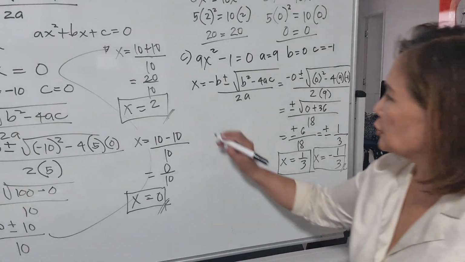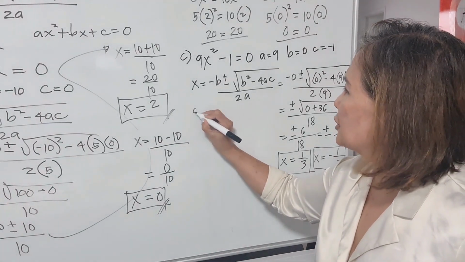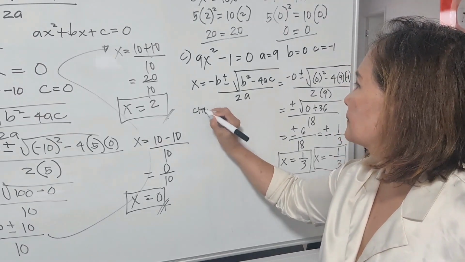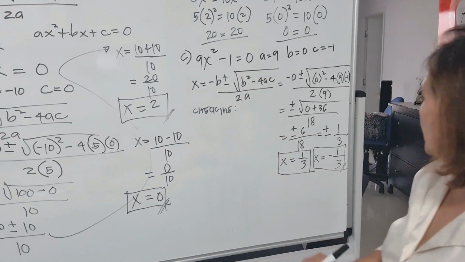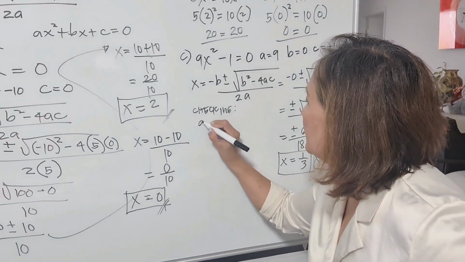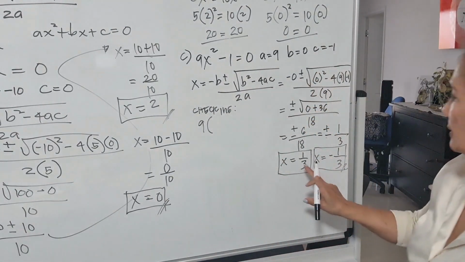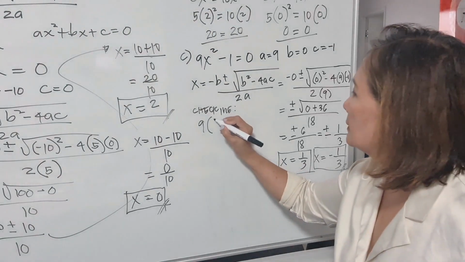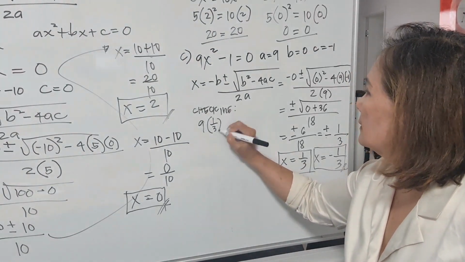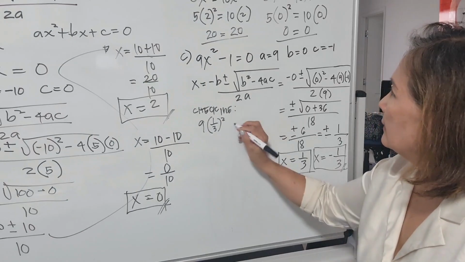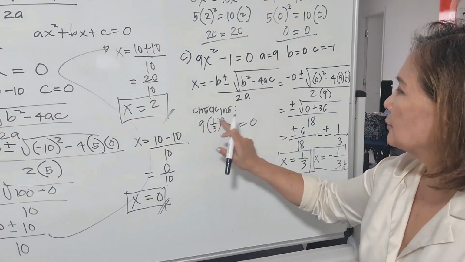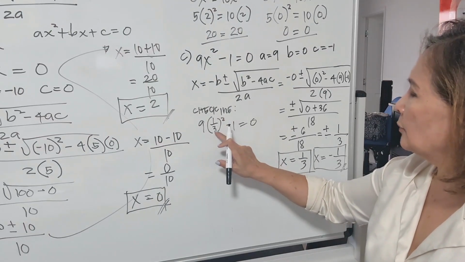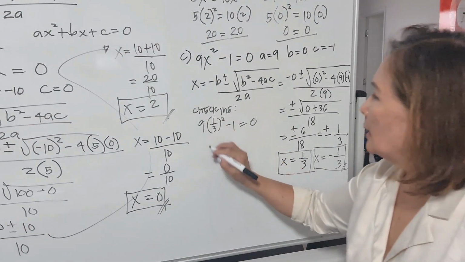Now let us check. So let's do the checking of this. The checking, we have 9 times your x, let us try 1/3. So 1/3 squared minus 1 equals 0. The square of 1 is 1. The square of 3 is 9.